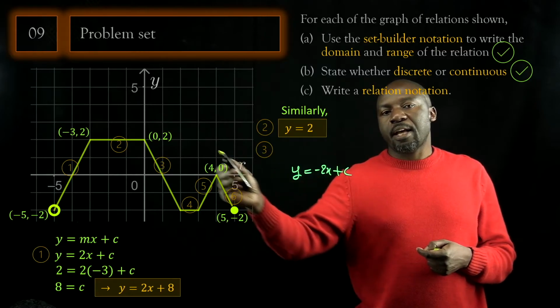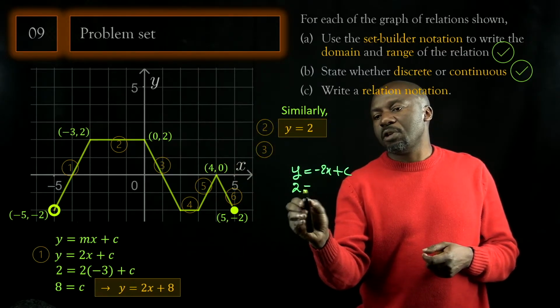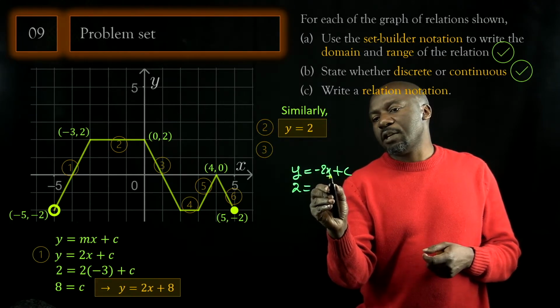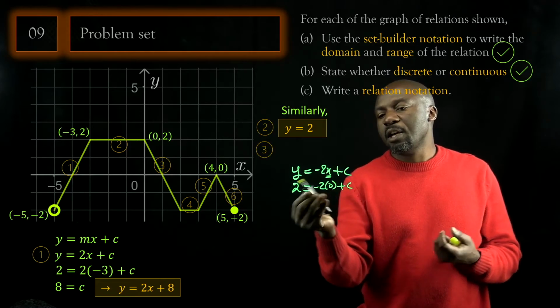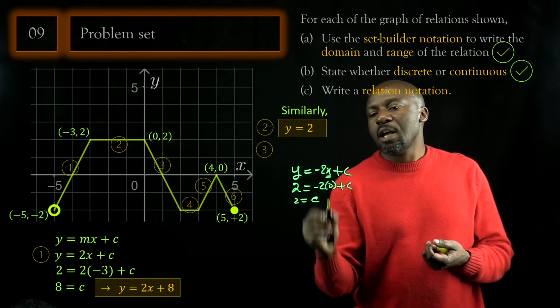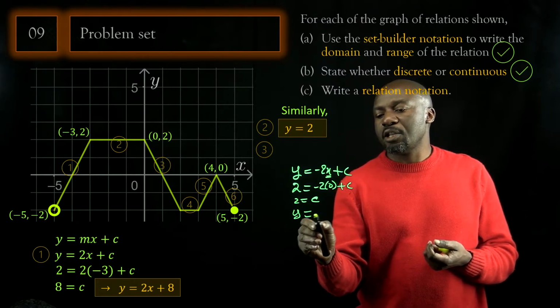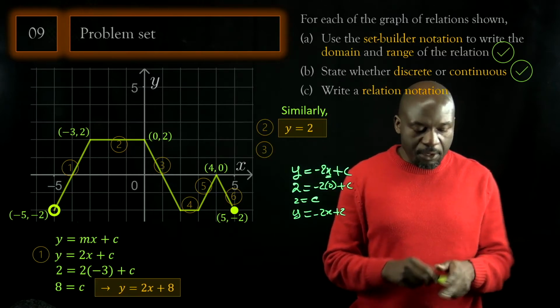When x is 0, y is 2, so 2 equals minus 2 into 0, this disappears, plus c, so obviously the y-intercept c is 2, and so our equation is y is minus 2x plus 2. That's the equation of line 3.